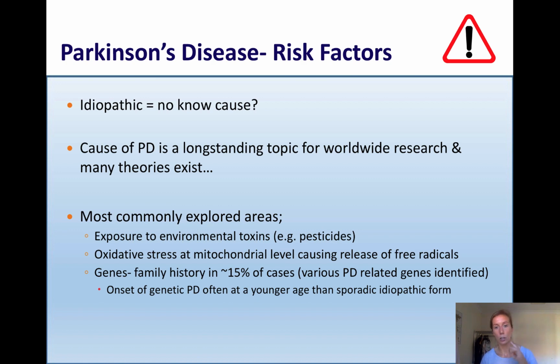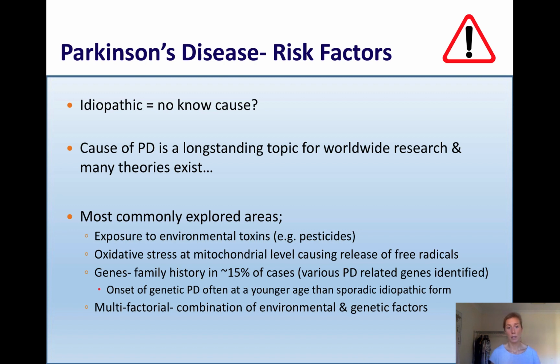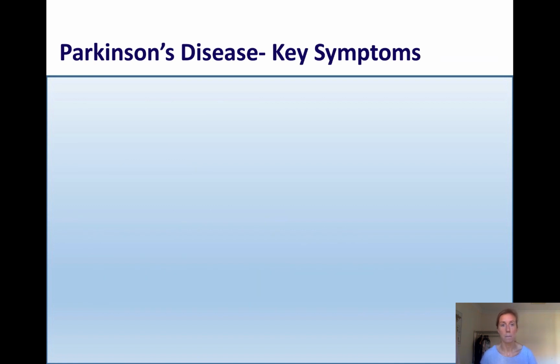So in your younger patients, it's typically going to be a genetic form. Finally, it could be multifactorial, so there could be a combination of environmental plus genetic factors that cause that individual to develop and express Parkinson's.